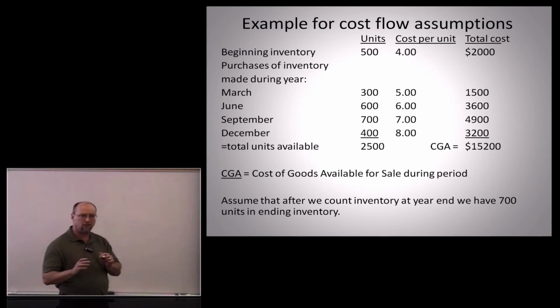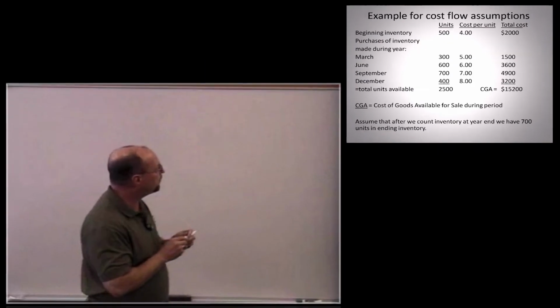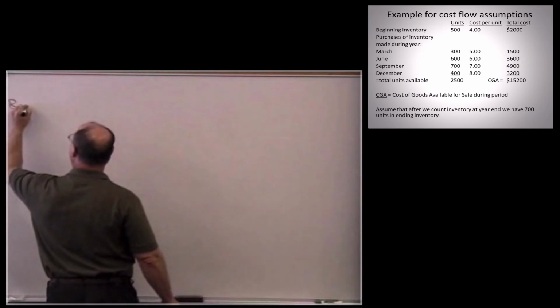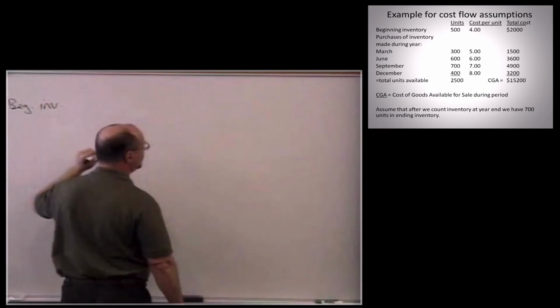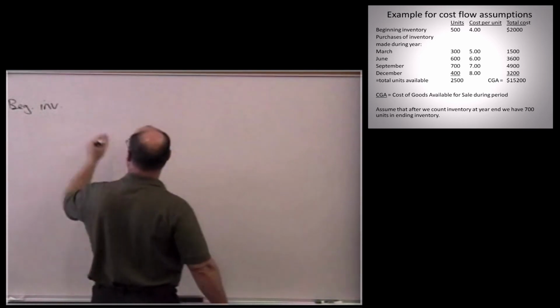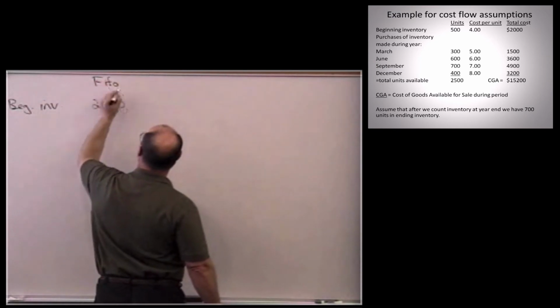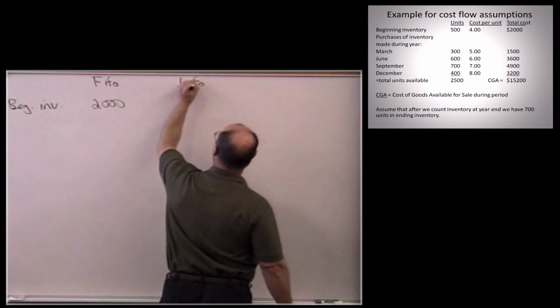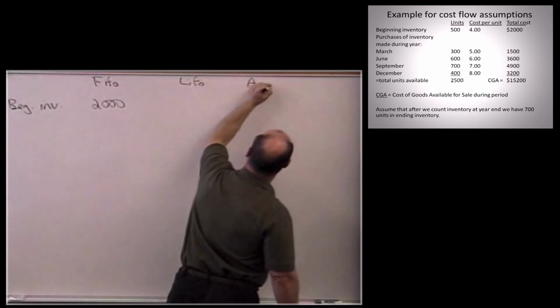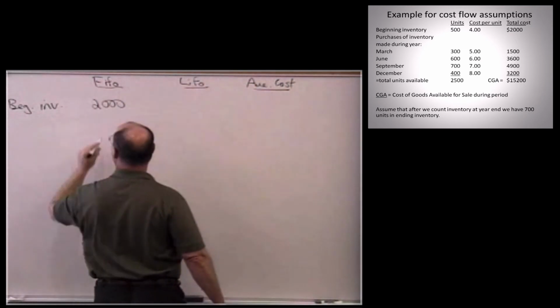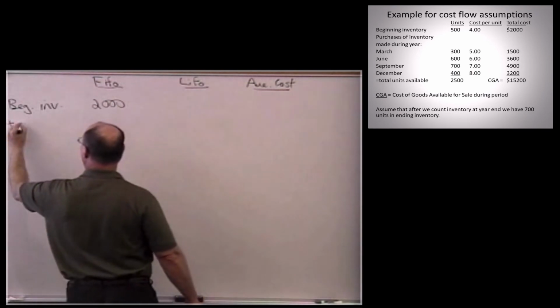So let's go. I'm going to start working on the board here. First of all, I'm going to put these numbers up. Here's beginning inventory. I'm just going to abbreviate. And that's $2,000. Here's FIFO. Here's LIFO. And here is average cost. Plus purchases.